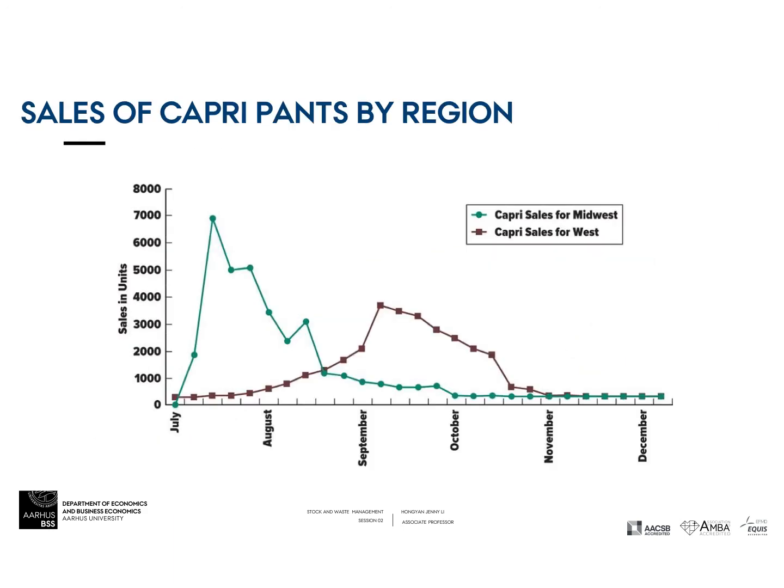This graph shows the difference between the sales across different regions. The blue lines show the sales in the Midwest, and the brown lines show the sales in the West. You can see the sales season changes dramatically.